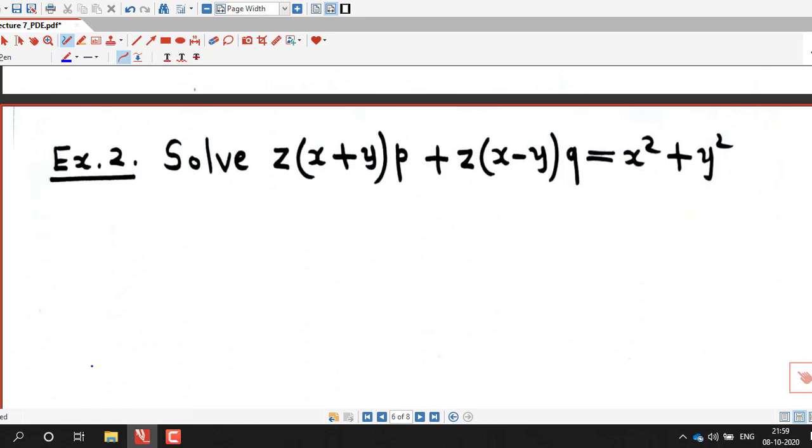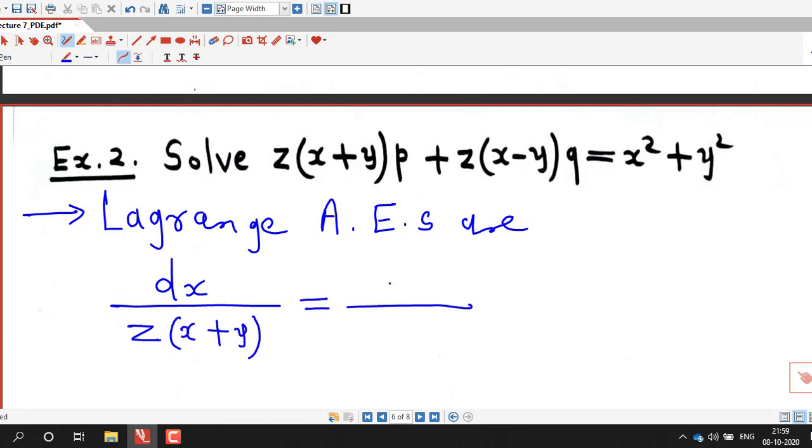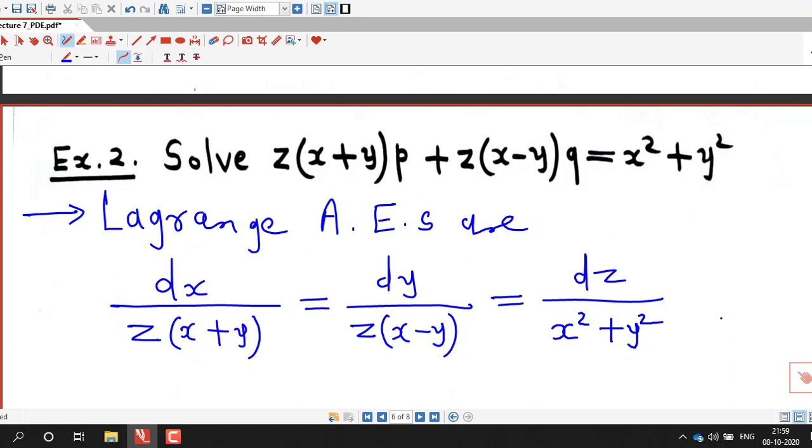Given equation is also a Lagrange equation, so we directly start with Lagrange auxiliary equations, which are dx divided by coefficient of small p, which is z into x plus y, dy divided by coefficient of small q, which is z into x minus y, equal to dz divided by x square plus y square.